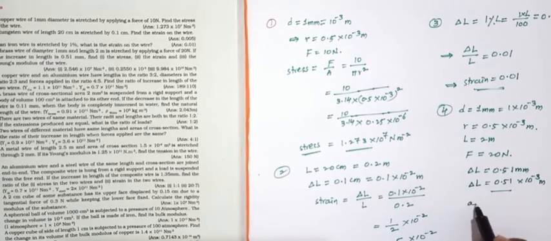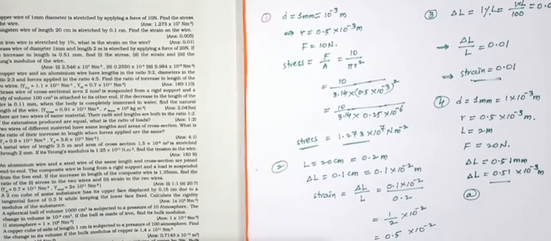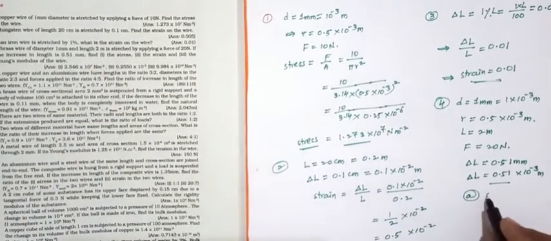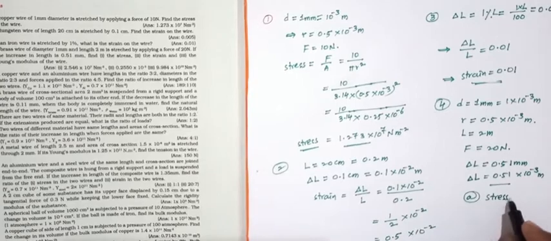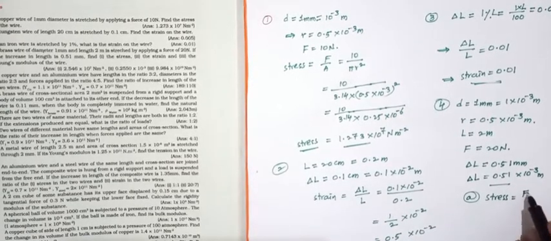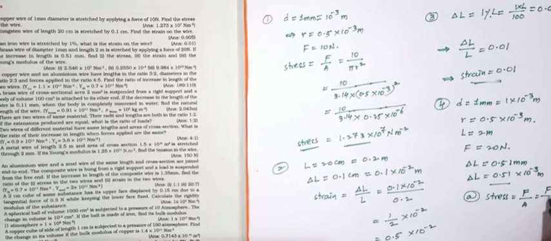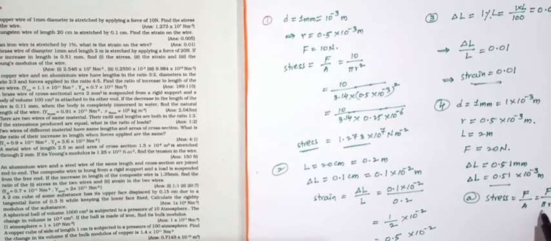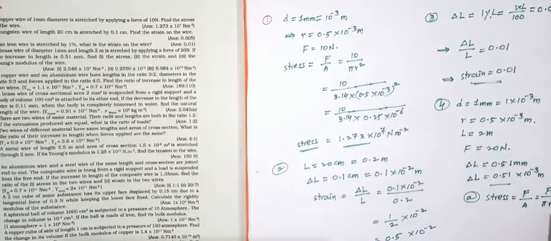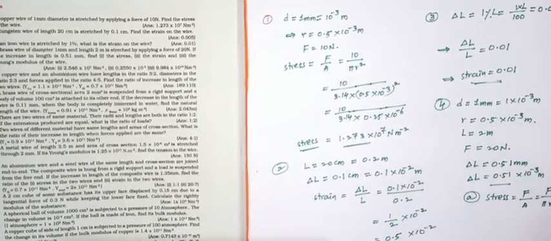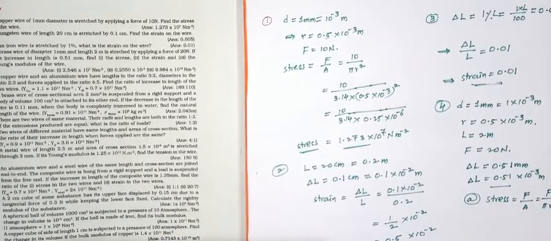So we can find out first of all A, the stress. So what is the stress? Stress equals force by area. Force F by area, which is pi r square. We know that pi is 3.14, F equals 20 newtons, R equals 0.5 into 10 to the power of minus 3. We can substitute in this equation and find it.